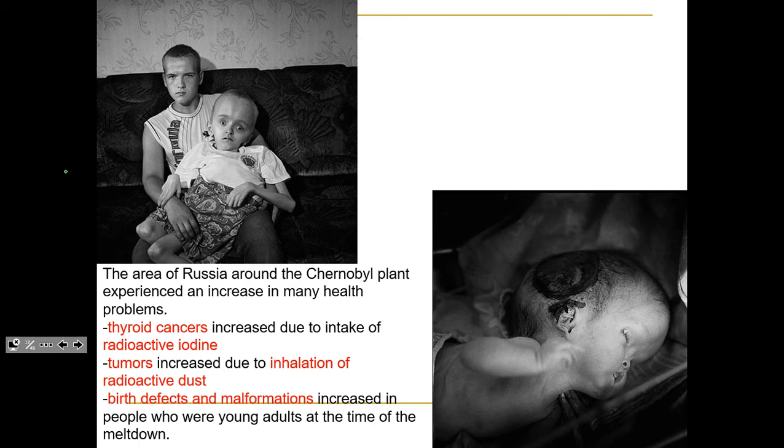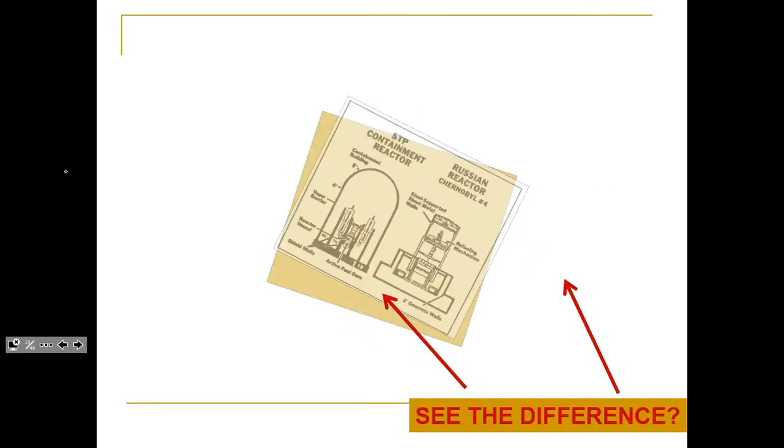Tumors were increased due to the inhalation, the breathing in of radioactive dust. A lot of birth defects for women who were pregnant. Malformations increase in people who were young adults at the time. So just really, really sad, honestly. A lot of people were affected by this.